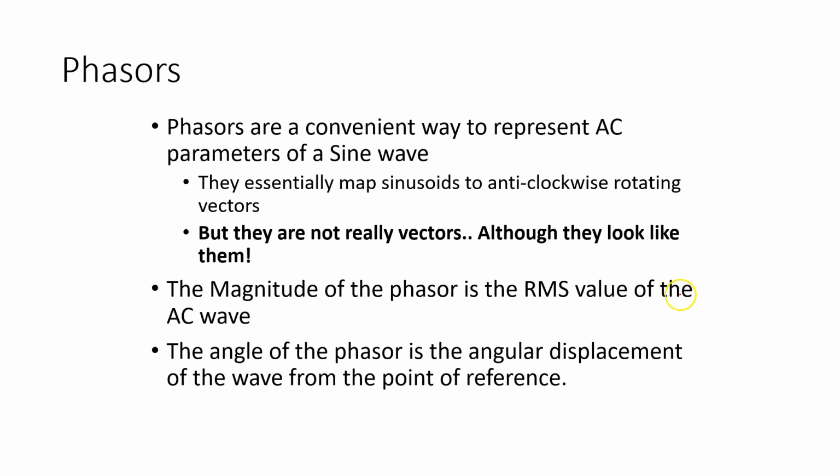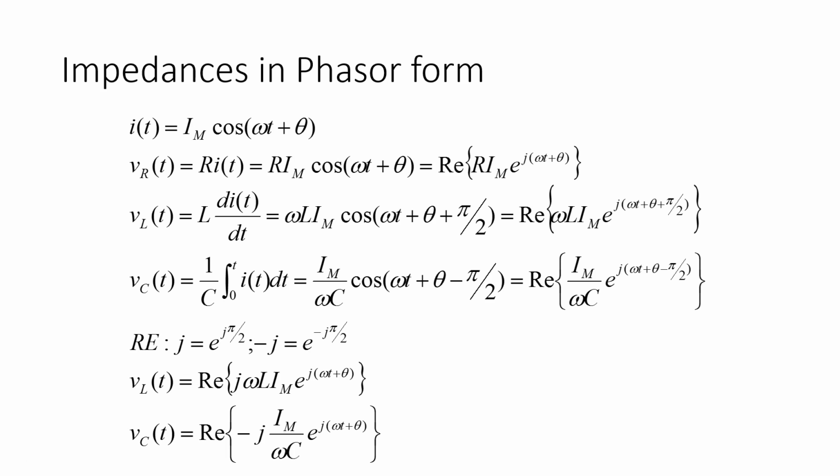We take the magnitude of the sine wave and convert it to RMS, and that will be the magnitude of the phasor. Then we take the phase shift of the sine wave and represent that as the angle of the phasor.